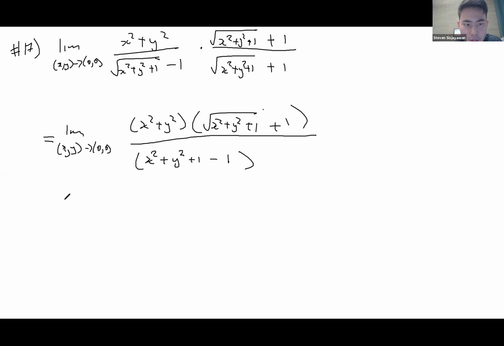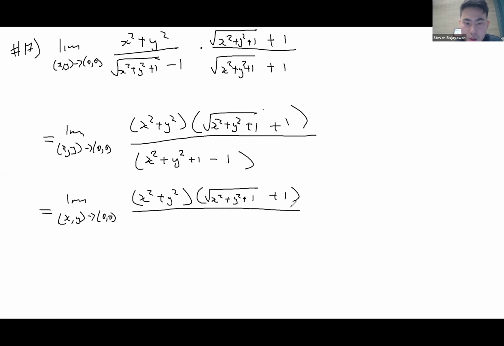So again, this simplifies down to the limit as (x, y) approaches (0, 0) of x squared plus y squared multiplied by the square root of x squared plus y squared plus 1, all over x squared plus y squared.